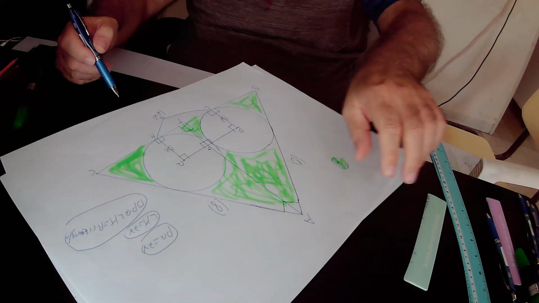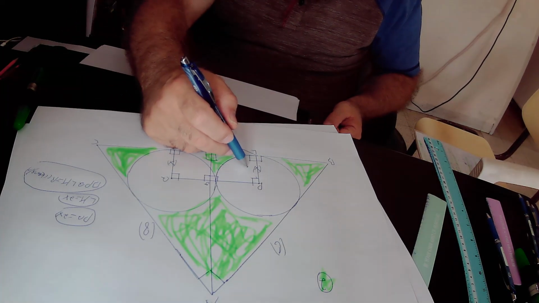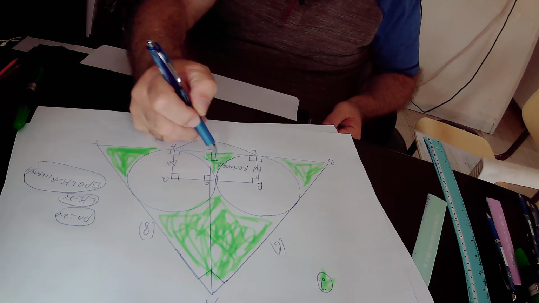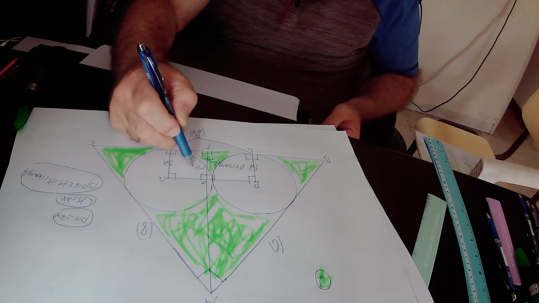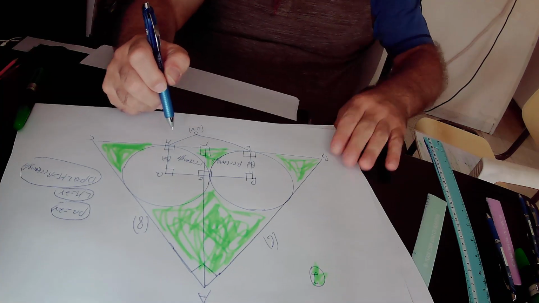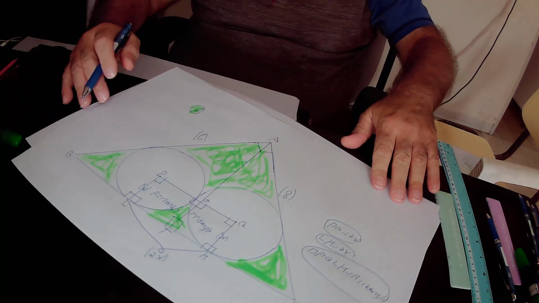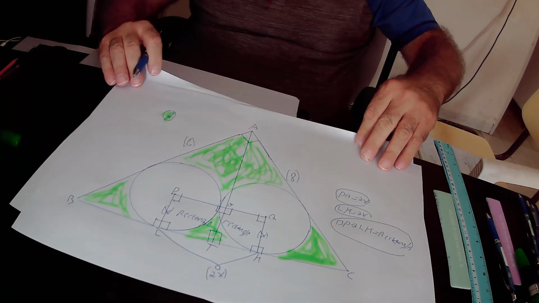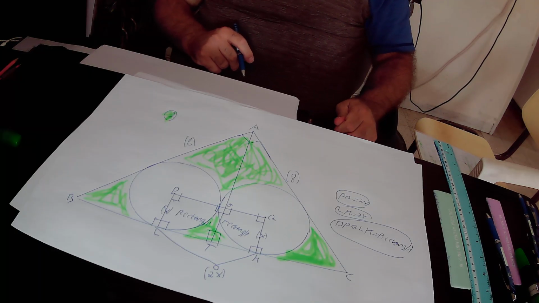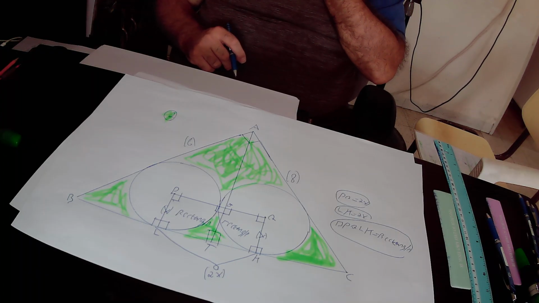Now, we know that the opposite sides of a rectangle are parallel to each other. Repeat again, the opposite sides of a rectangle are parallel to each other.